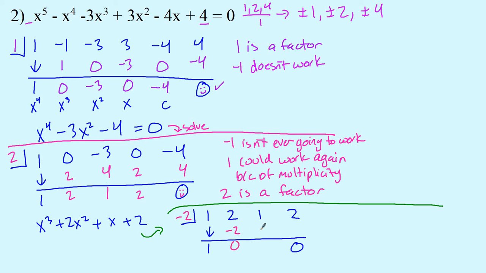So 0, 0, 1, -2. Okay, so this polynomial is x squared plus 1.